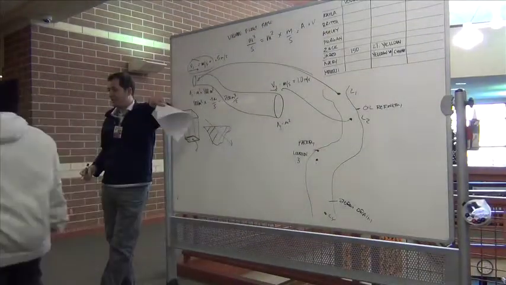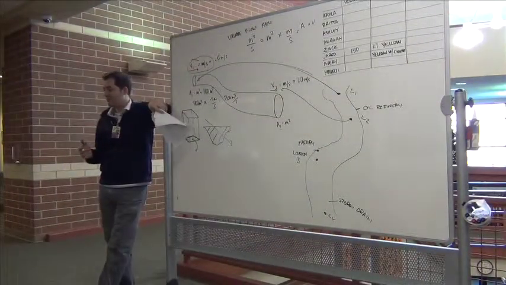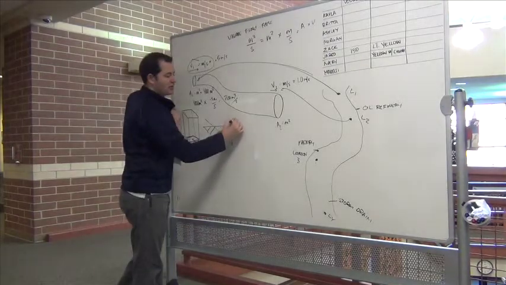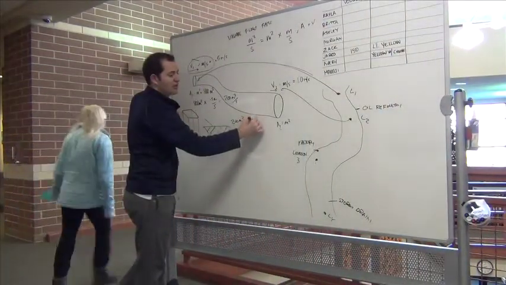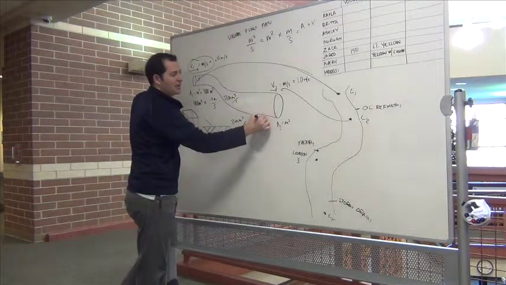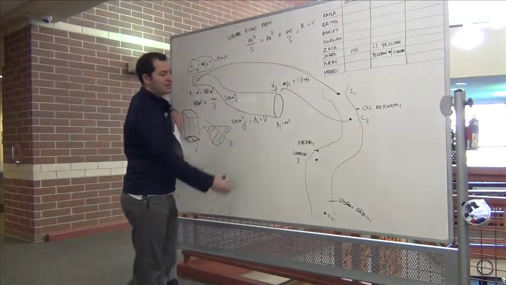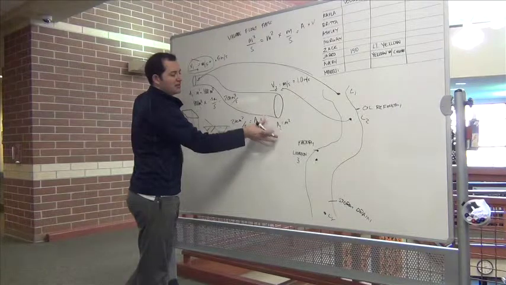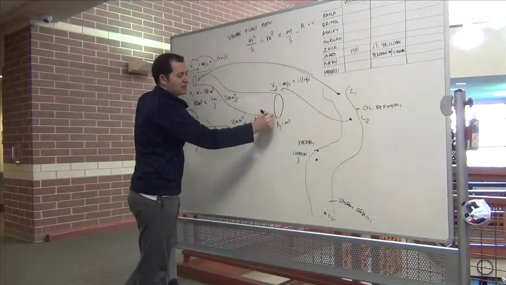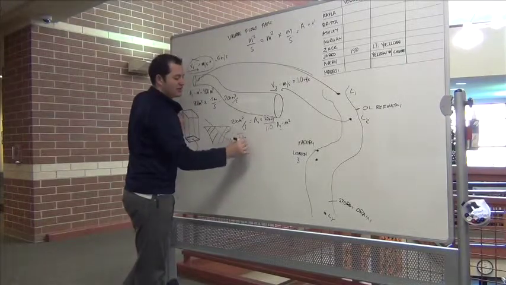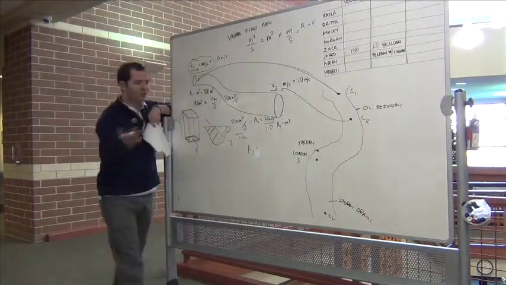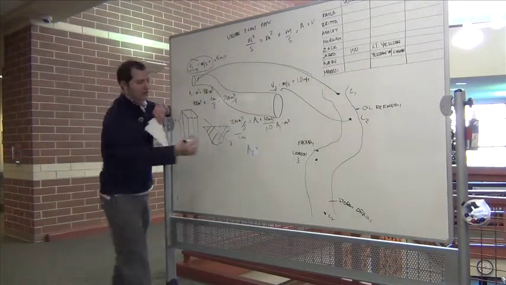The volume flow rate should be the same, right? So we have 200 meters cubed per second equals our area times our velocity, and we know our velocity is 1.0, so we divide both sides by 1. The area at location 2 should be 200 meters squared.